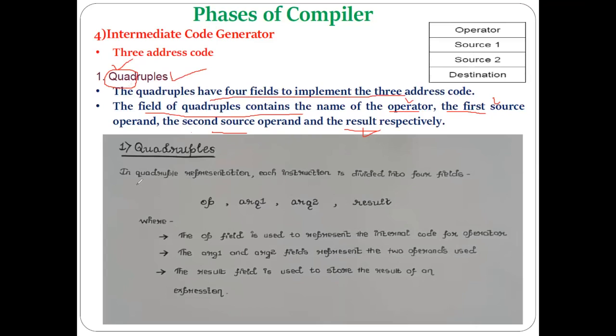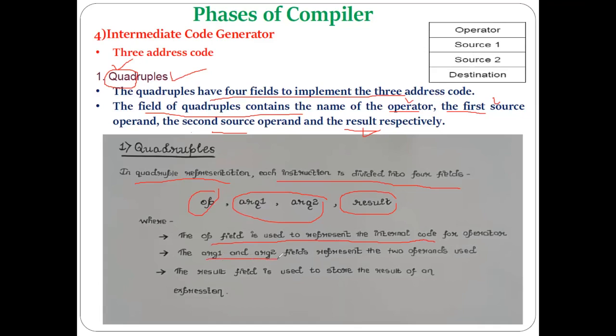Okay. So the same thing I have also mentioned here. In quadruple representation, each instruction is divided into four fields. One field for the operator, two fields for the operands, and one field for the result. The op field is used to represent the internal node for the operation, that is the operator.